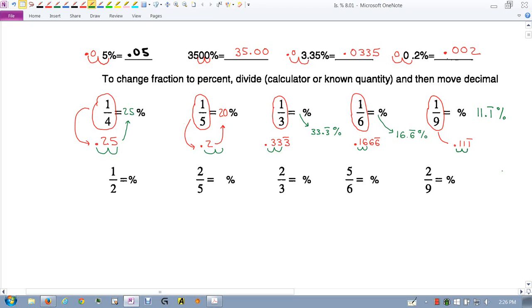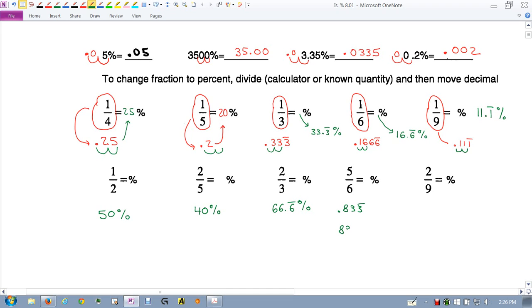All right, these will go a little faster. This is 0.5, 50%. 2/5, 0.4, so 40%. 2/3, 0.666. So this is 66.6 repeated percent. 5/6, 0.8333.